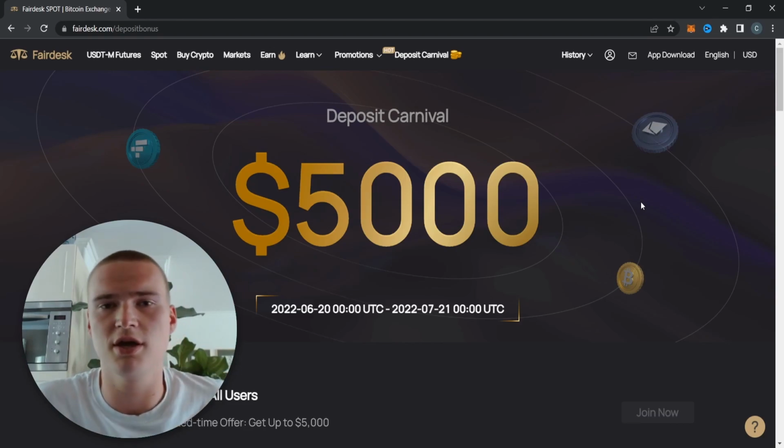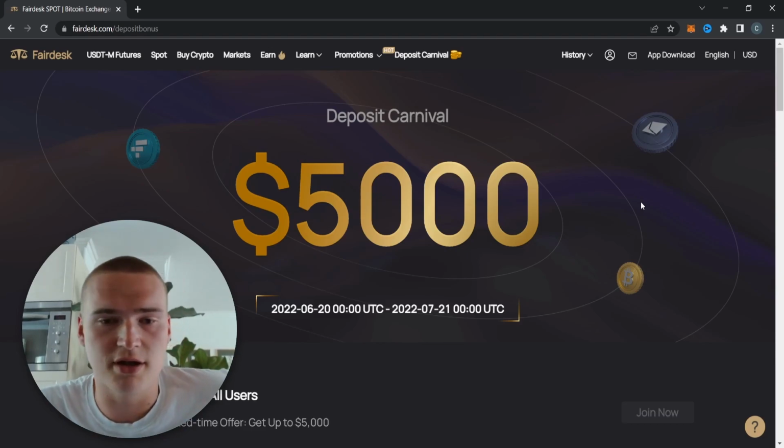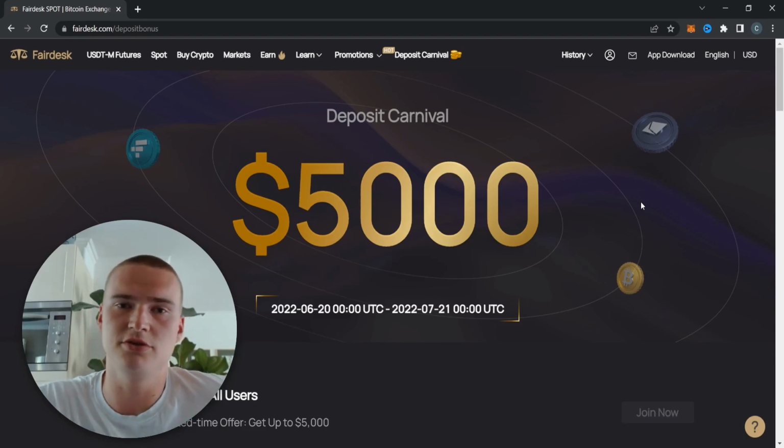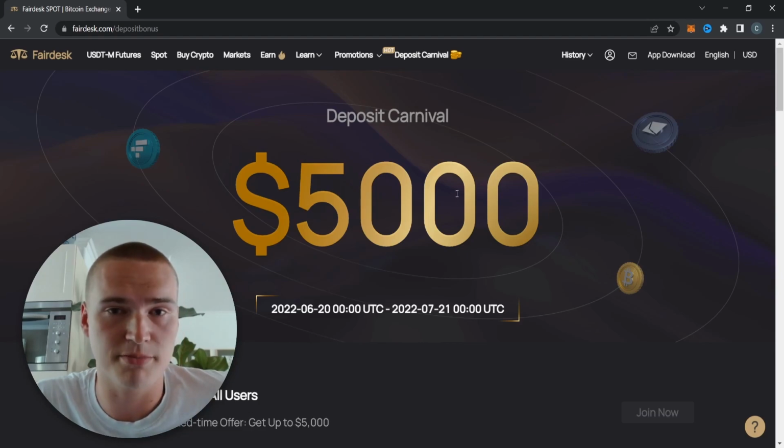So you can just transfer crypto from your exchange, for example, to Fairdesk, and then you can either keep it on Fairdesk, use it to trade there, but you can also just deposit it, see if you can actually get some bonus like this, and then just transfer it back to your exchange, right?